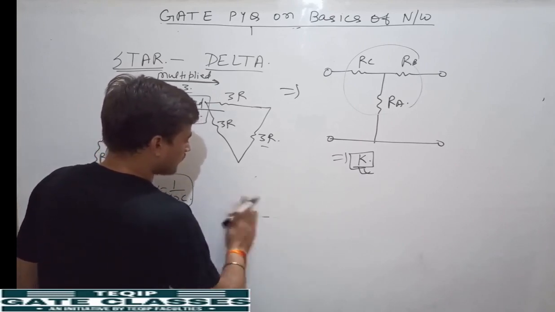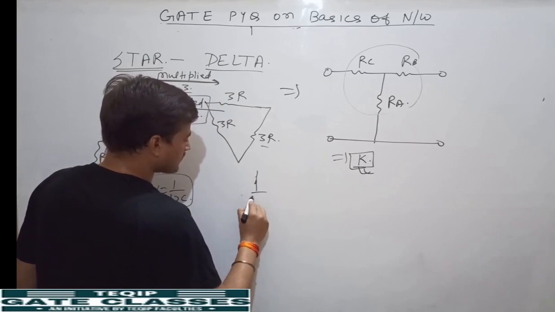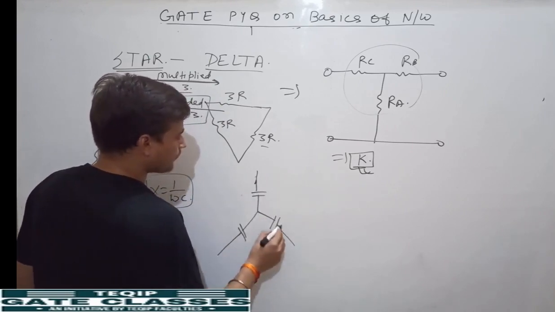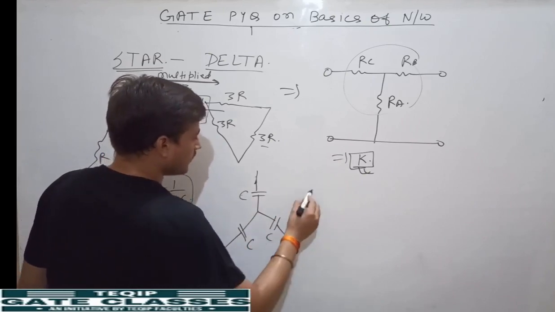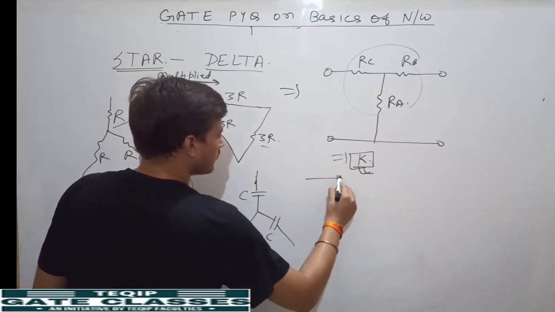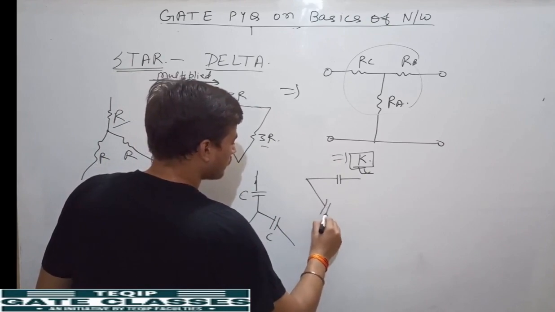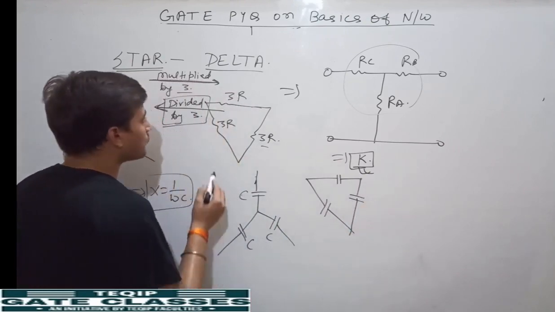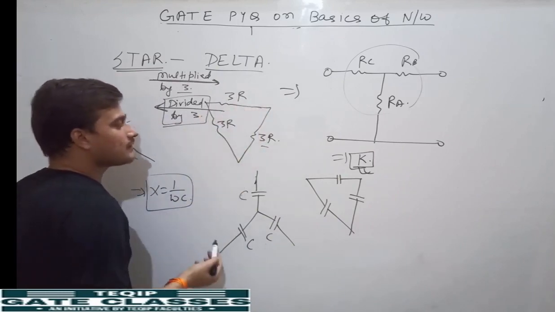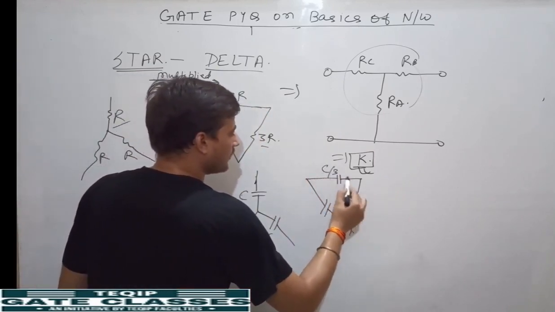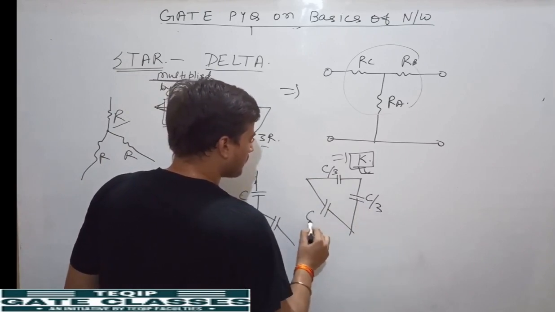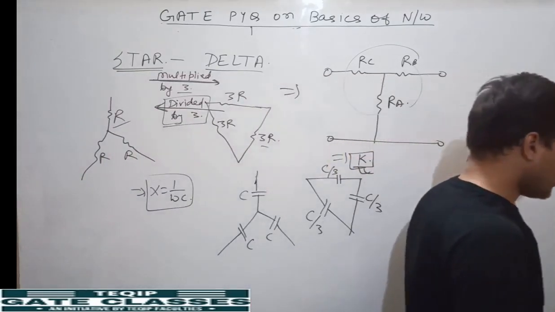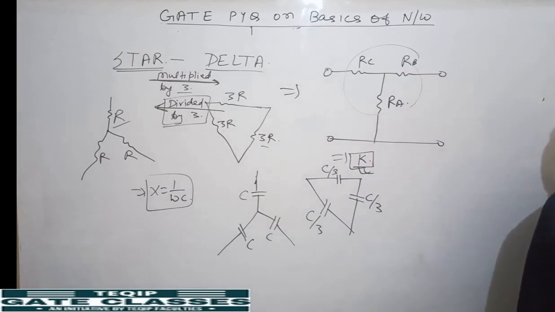When you convert them into delta, resistance is multiplied by 3, but capacitance will be divided by 3.